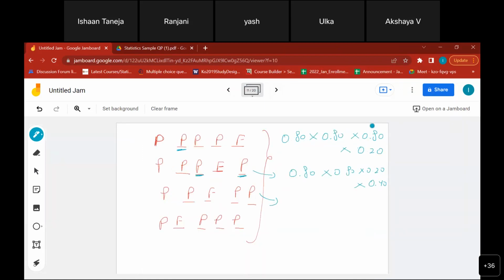Similarly, for the third one, passing the second test is 0.80, then failing is 0.20. After failing, I have to pass, it would be 0.40, and then after passing, passing again would be 0.80, right? For the last one, after passing, I need to fail, it would be 0.20. Then after failing, the probability of passing is 0.40, and then it would be 0.80 for the remaining, right?